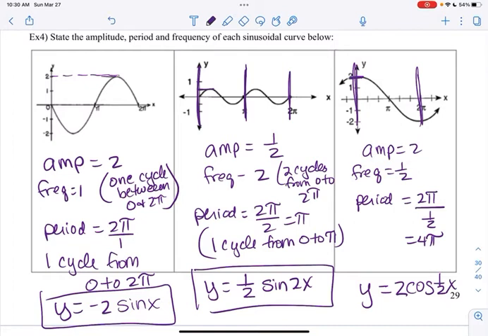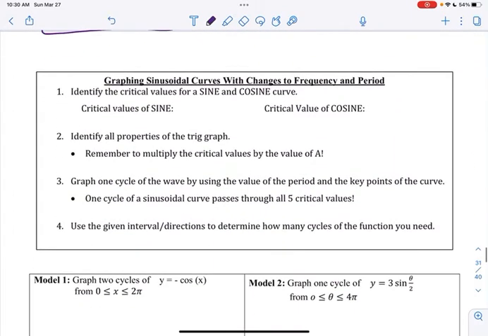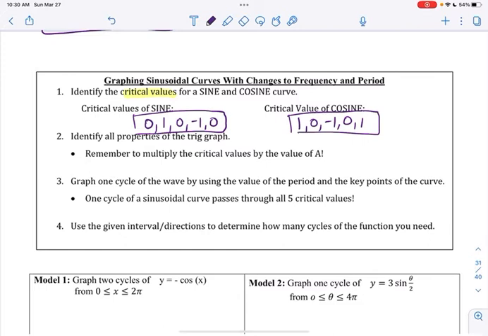All right, so when we're doing this, you have to identify the critical values. That's important. The critical values for sine and cosine. The critical values for sine are 0, 1, 0, -1, and 0. And the critical values for cosine are 1, 0, -1, 0, and 1. You have to multiply all of those critical values by a.